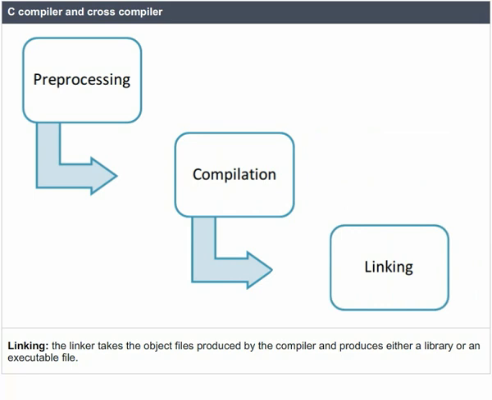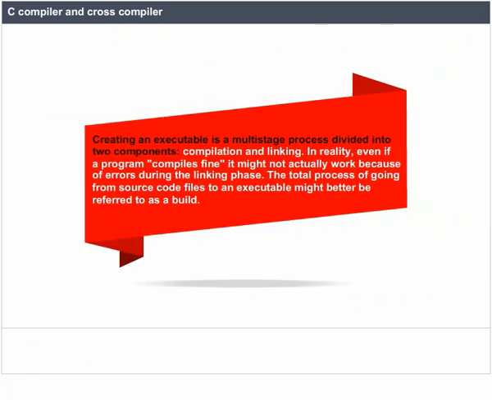The linker takes the object files produced by the compiler and produces either a library or an executable file. Creating an executable is a multi-stage process divided into 2 components: compilation and linking. In reality, even if a program compiles fine, it might not actually work because of errors during the linking phase. The total process of going from source code files to an executable might better be referred to as a build.